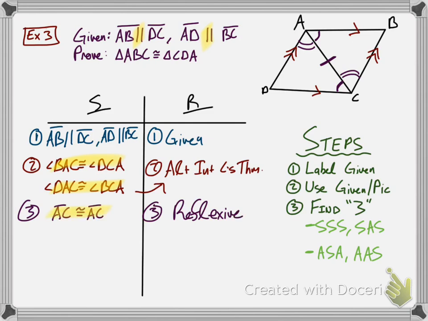And we have our third piece of information, which is the included side. So for our fourth step, we can write our proof and say that triangle ABC is congruent to triangle CDA. And our reasoning here is the angle side angle theorem that is being shown and used.